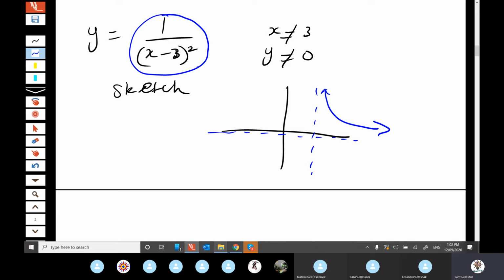That, if I sub in x equals 0, I get 0 take away 3, which is -3 squared is 9, 1 over 9. And then instead of it being this way, which is the way you guys usually would do it, because it's squared, it makes it always positive. It does it like that. It flips it up.